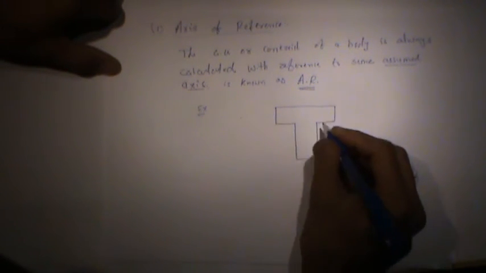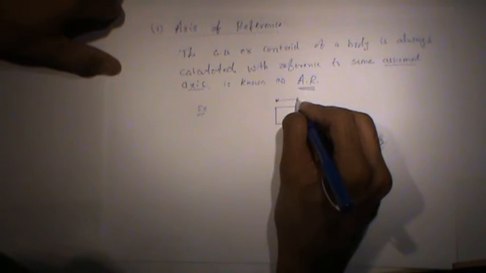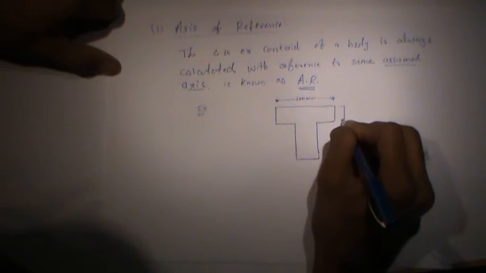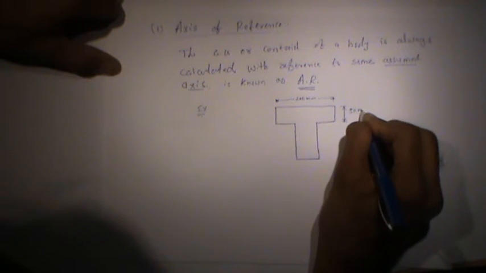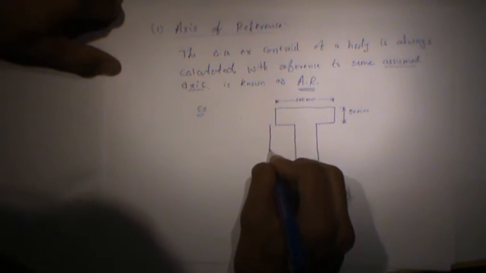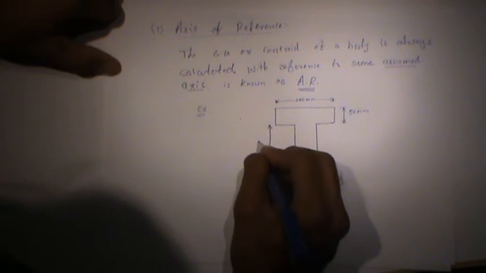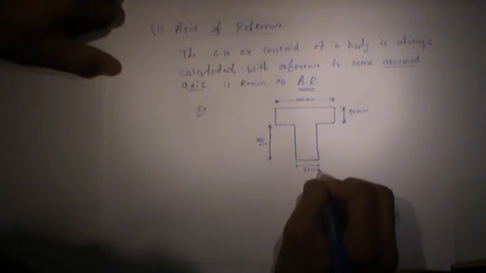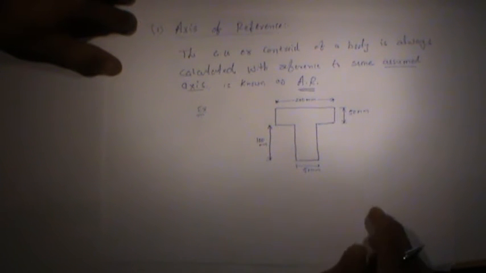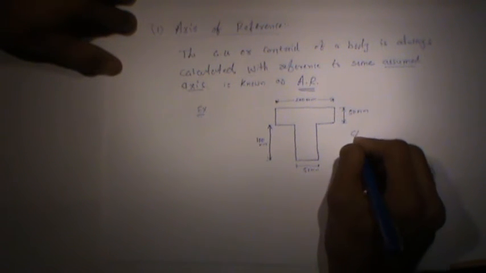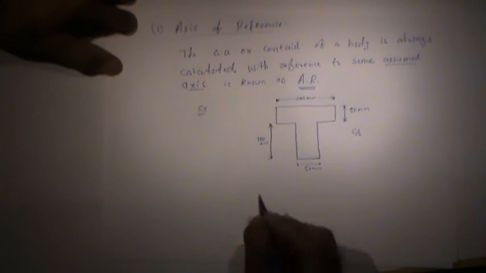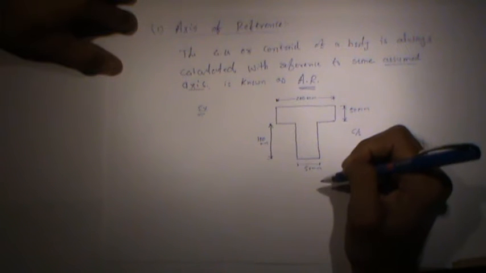Suppose this width is 200 mm, the depth of this flange is 50 mm, the depth of the web is 100 mm, and the width is 50 mm. So friends, suppose we have a section, this is the cross section of a T beam, and we want to know the center of gravity or the centroid of this particular plane.